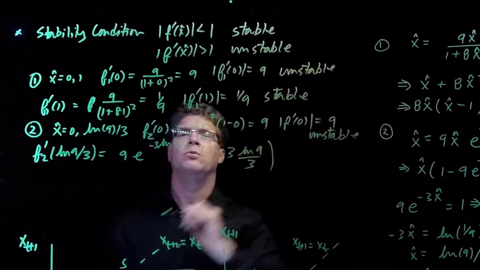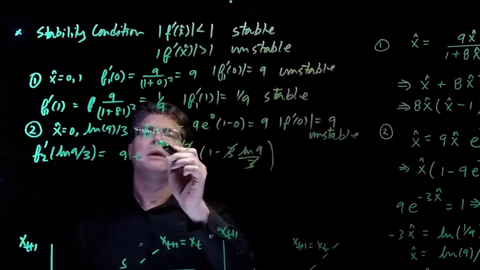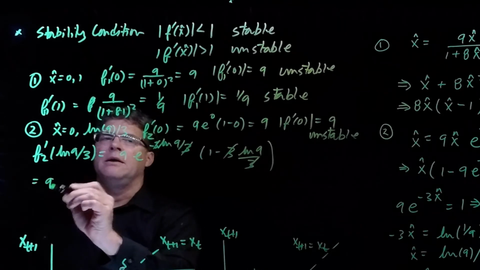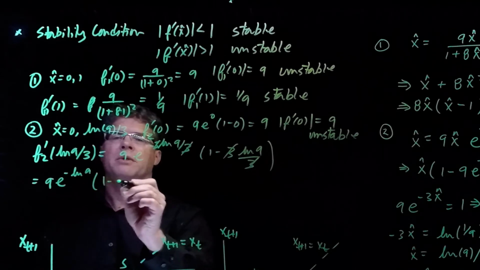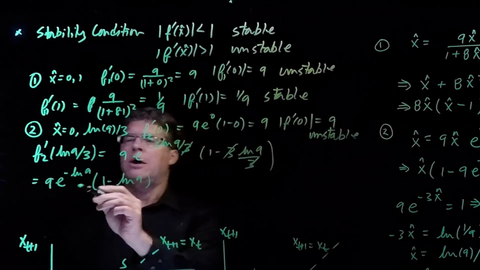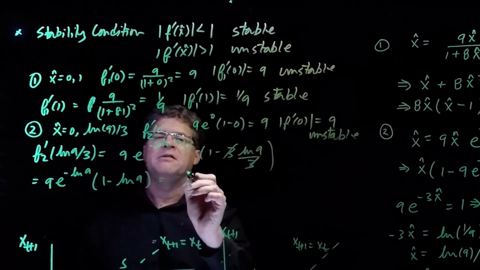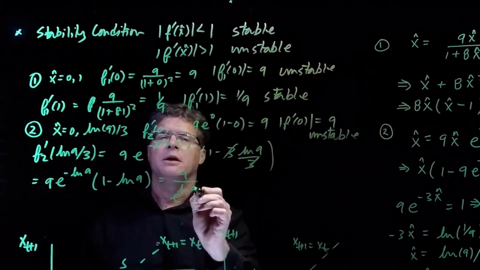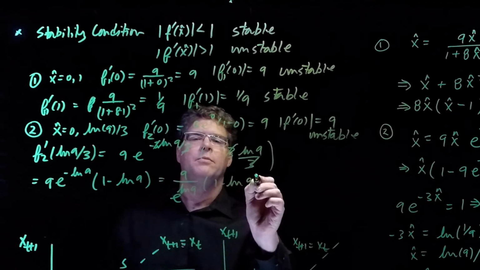Okay, so we see that the 3's are going to cancel in two places. And so we can write this as 9 e to the minus log 9 times 1 minus log 9. And we have a negative power here in the exponential, so it's quite handy to write this as 9 over e to the log 9 times 1 minus log 9.